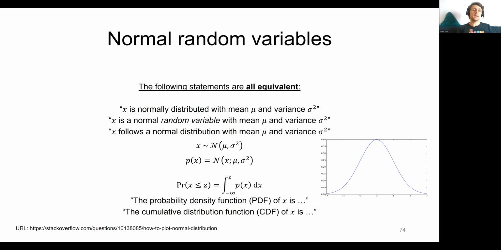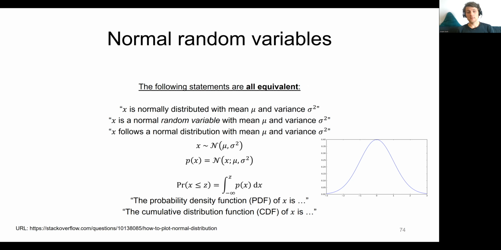We can say that X is normally distributed with mean mu and variance sigma square, or X is a normal random variable with mean mu and variance sigma square, or X follows a normal distribution with mean mu and variance sigma square, or we can simply write the formula X tilde N(mu, sigma square), or we can write down the probability density function or the cumulative distribution function.